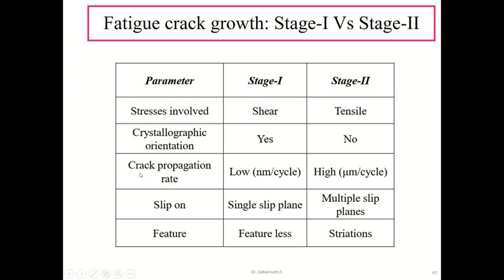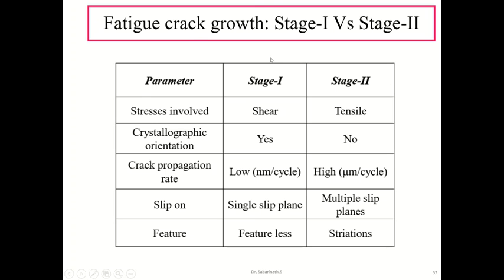The crack propagation rate is low for stage 1 and high for stage 2. Slip happens on a single slip plane in stage 1, and on multiple slip planes in stage 2. Stage 1 has fewer features, and we can see visible striations in stage 2 of the fatigue crack growth. So these are the two stages in crack growth.